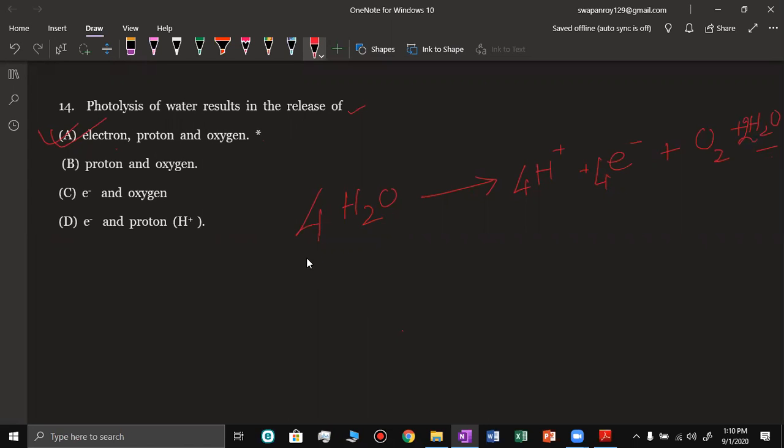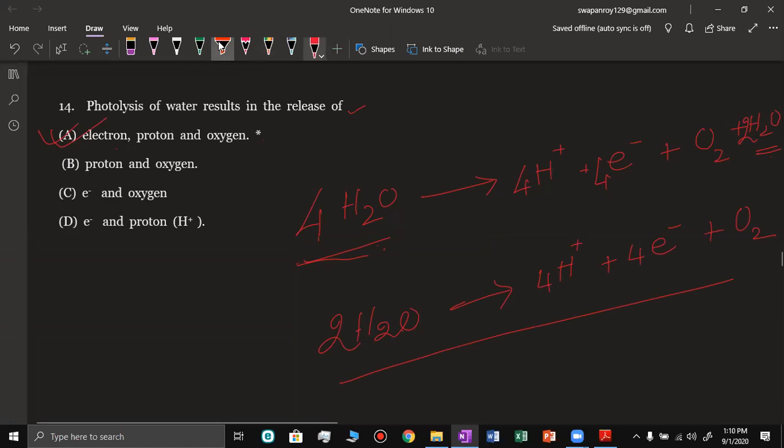That is, half as much water is produced as is consumed. If you balance it, you can write 2H2O gives 4 protons, 4 electrons, and O2. So here our answer is that electron, proton, and oxygen are produced.